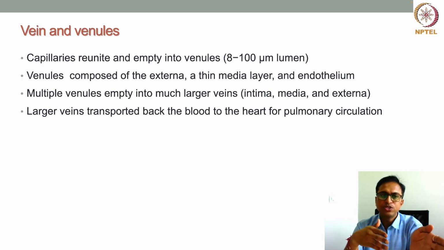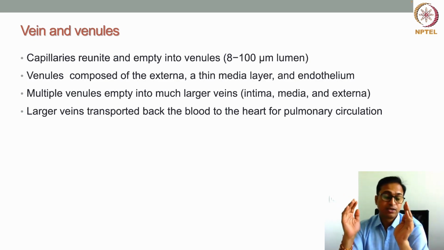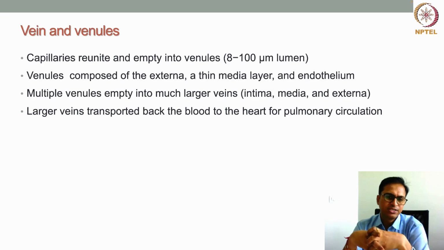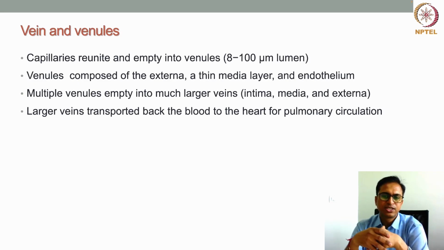In venules, the externa, a thin medial layer, and the endothelium are present. Multiple venules empty into the larger veins, and in larger veins all three tunica layers are present. Larger veins transport the blood back to the heart.